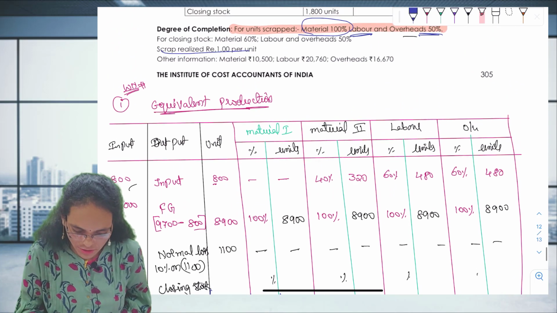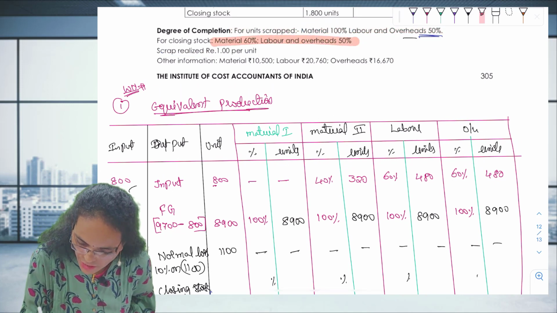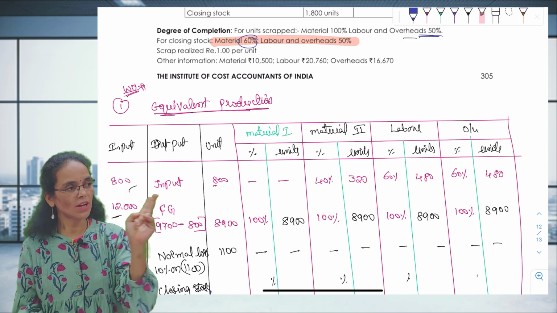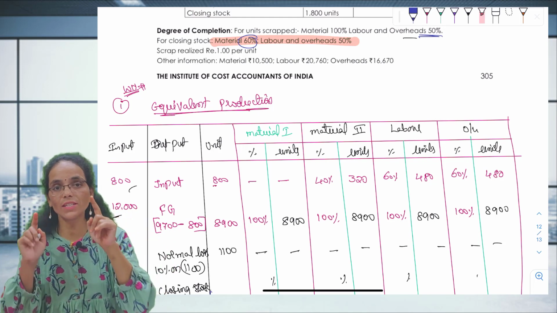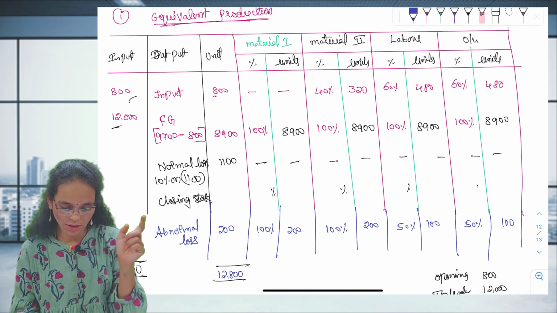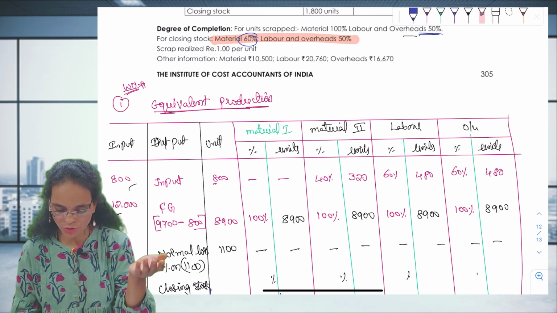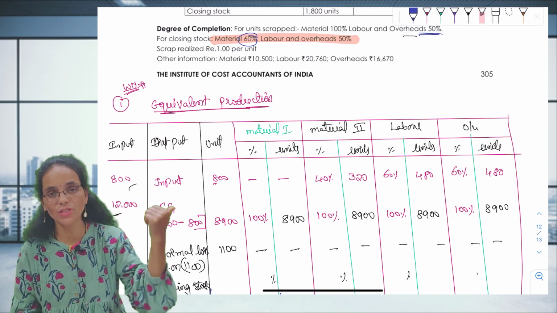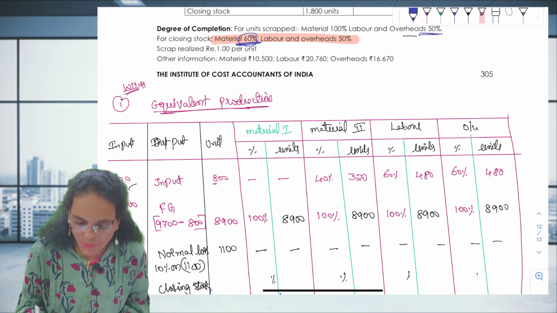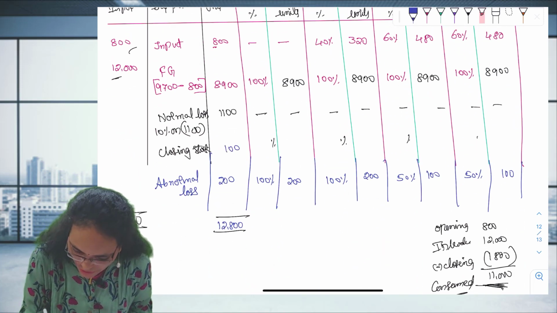Right. For the closing stock, it is given material 60%. See, there are two kinds of materials. One was introduced from the previous process and the other is introduced in the current one. As per the answer, what they have assumed is that the first material, which was introduced from the previous process, was 100% completed, but it is not given here. So they are assuming that 100% is completed. How many units?